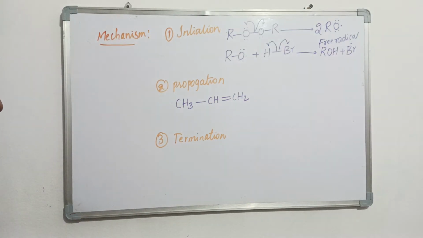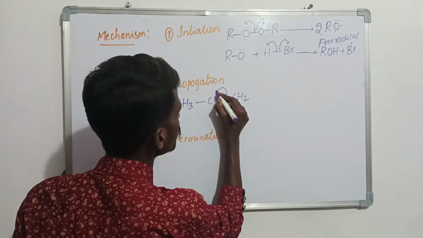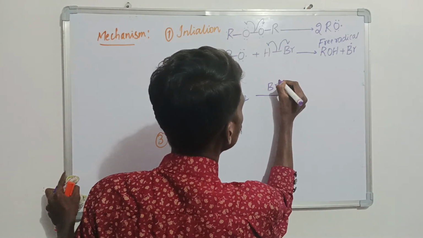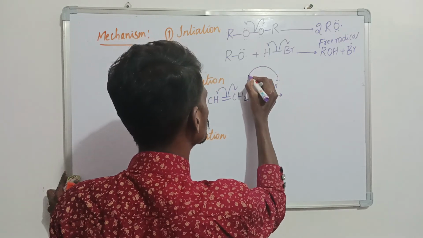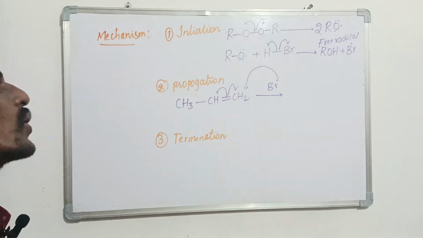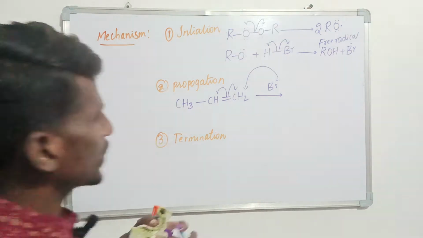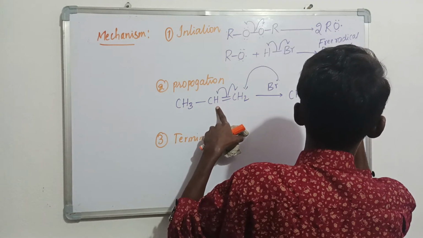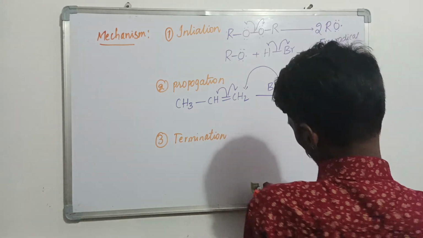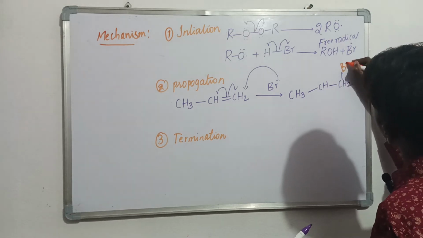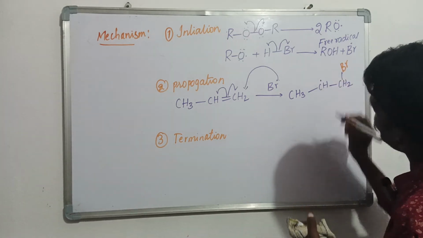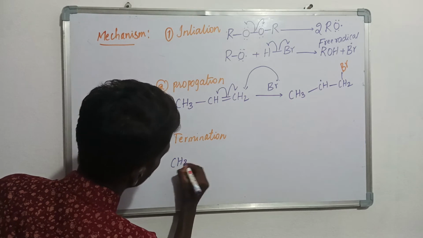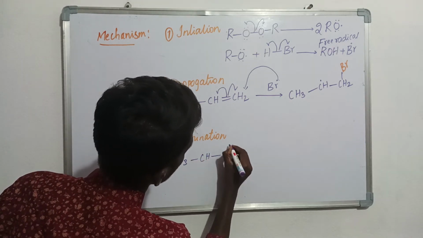The alkene undergoes free radical addition, and the bromide free radical is attached to the carbon atom having more number of hydrogen atoms, and it is converted into CH3 CH and CH2 Br.